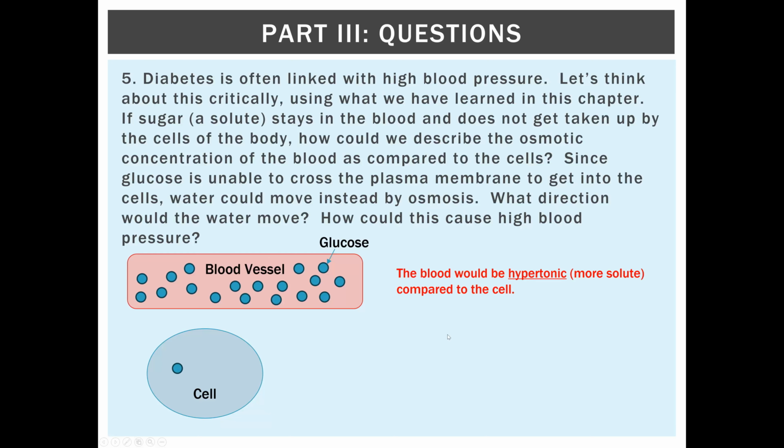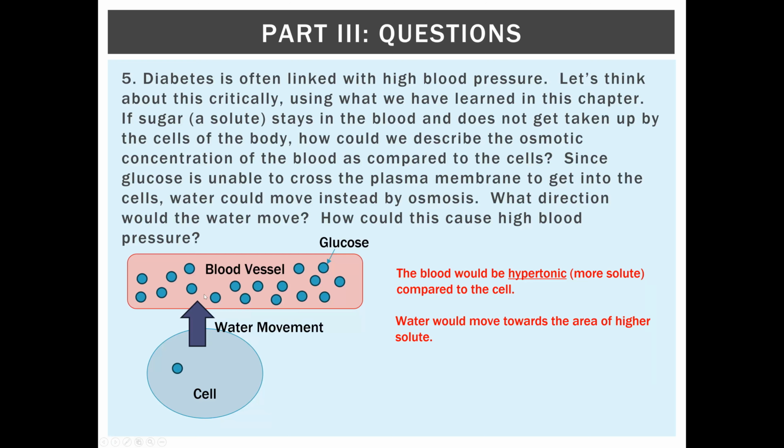Let's compare these two solutions first. So the blood vessel would be hypertonic compared to the cell. You could also say that the cell is hypotonic compared to the blood vessel. Bottom line, we are saying the blood vessel has more solute than the cell. And remember, water wants to move toward an area of higher solute.